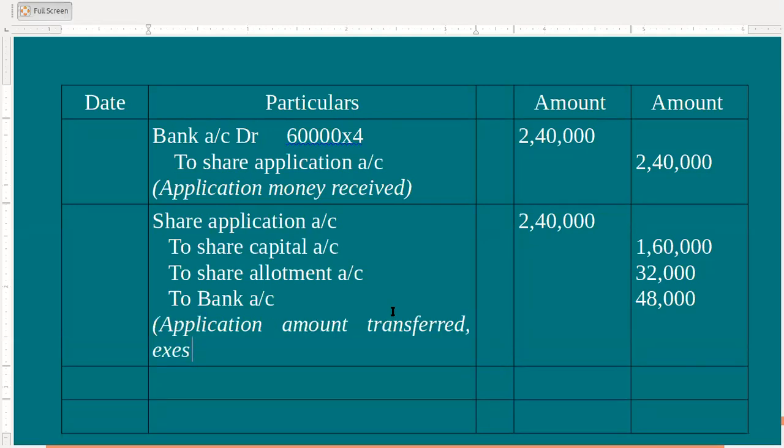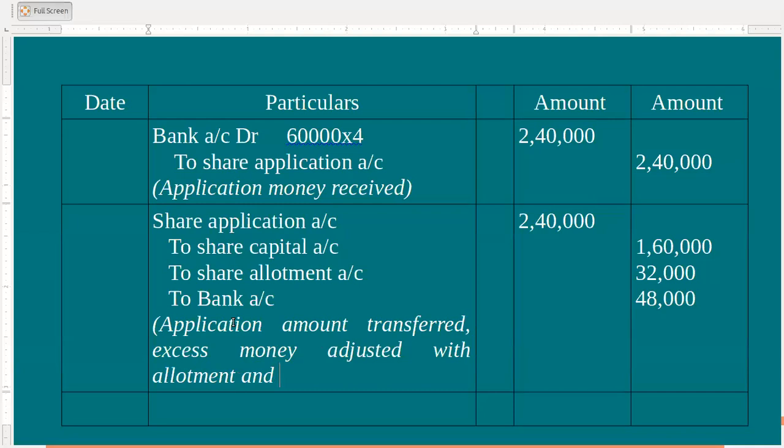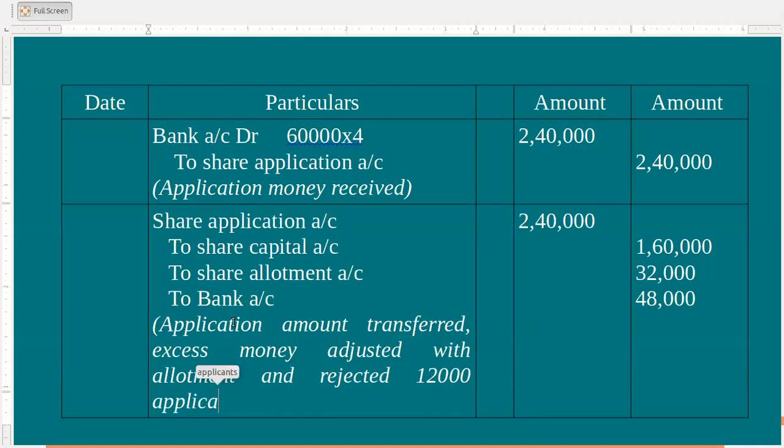Then rejected application money rejected. Excess money adjusted with share allotment and rejected 12,000 applications. Okay, this is the narration that you can provide here.